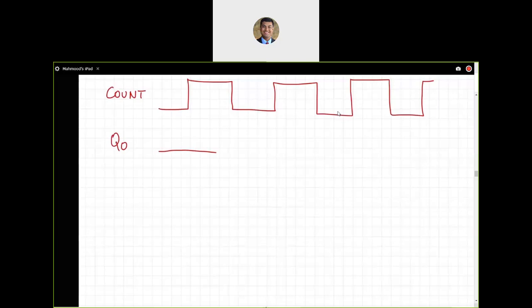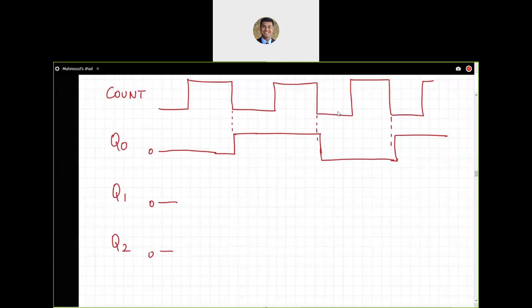So all my Q0, Q1, and Q2 outputs start low, at 0. When there is a first negative edge on the count, Q0 is going to toggle soon after that. It will toggle again over here, and again over there, soon after that, just after that, and just after that.